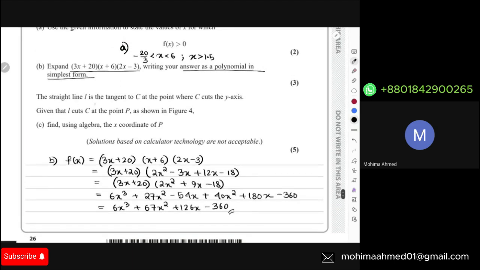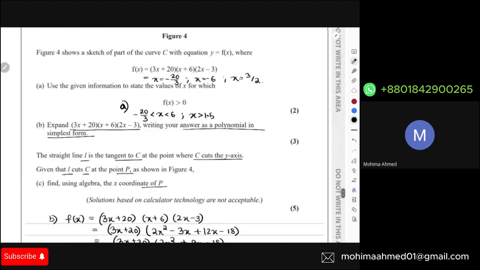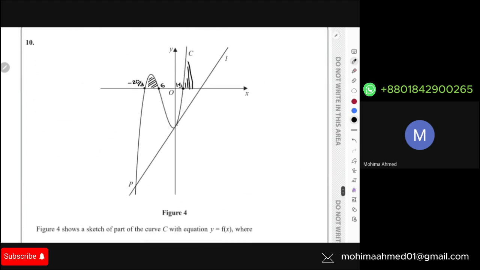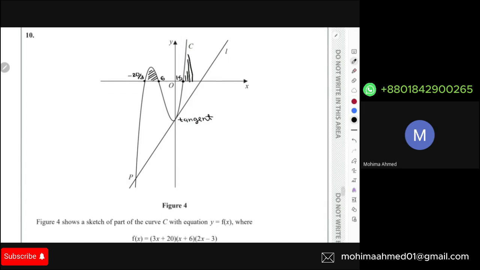After this, they're saying that the straight line L is a tangent to C at the point where C cuts the y-axis, and the line L cuts C at the point P. We have to find the coordinates of P, okay? L is a tangent at the point where C cuts the y-axis. Here is the tangent, and this is the point P over here.